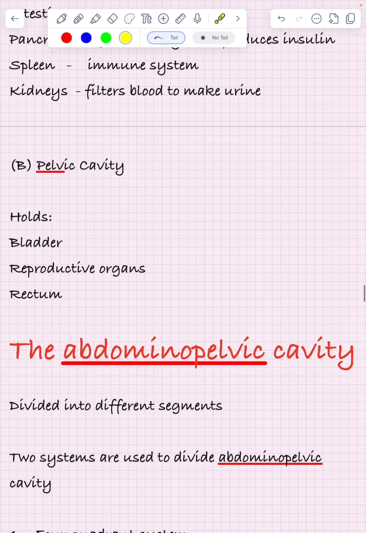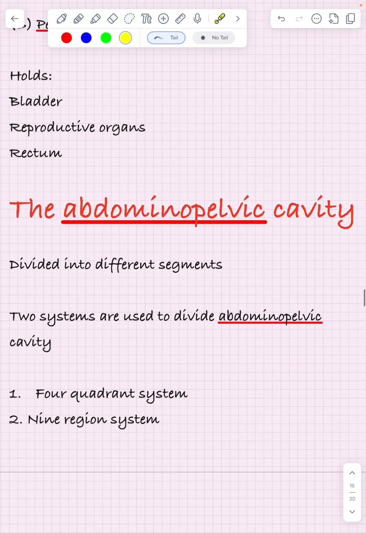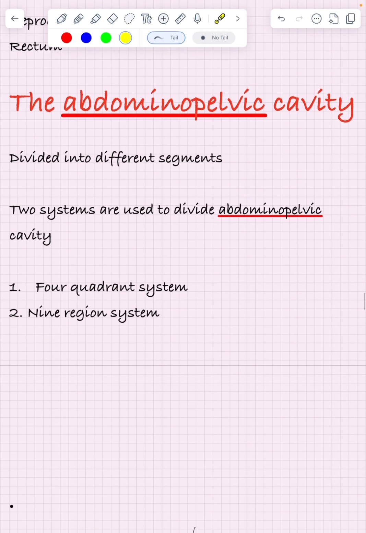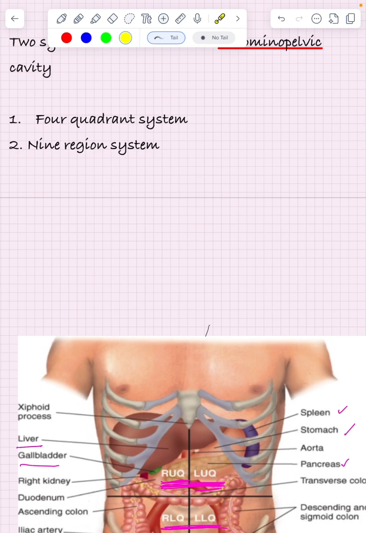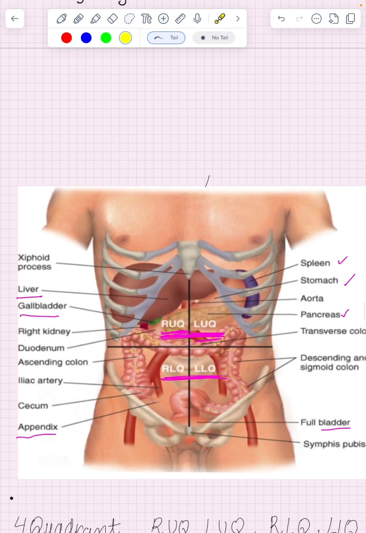So the abdominal pelvic cavity is divided into different segments. Two systems are used to divide abdominal pelvic cavity. The first one is the four-quadrant system, which is used by most of the nurses and the doctors. And the second one is nine-region system, which is mostly used in the laboratories. Now we have a sagittal line and a transverse line divides our abdominal area into the four quadrants.